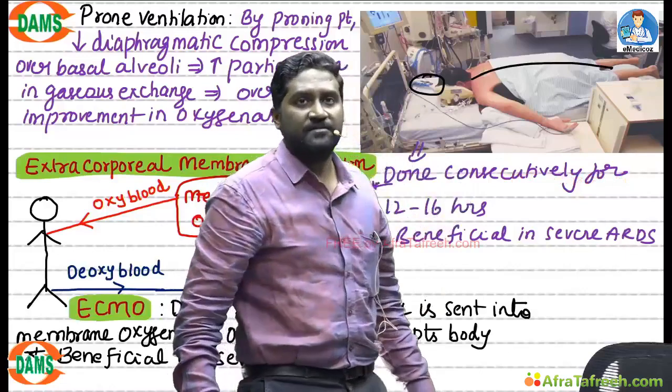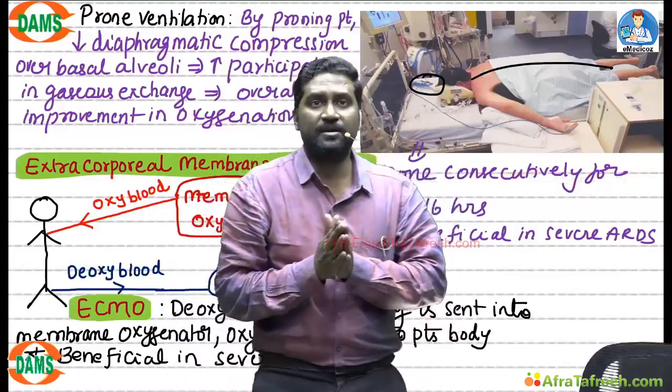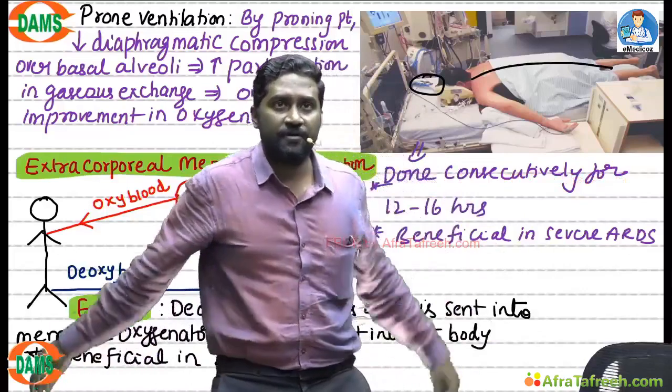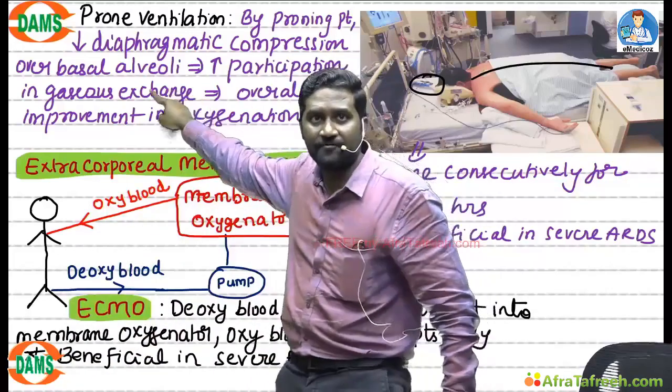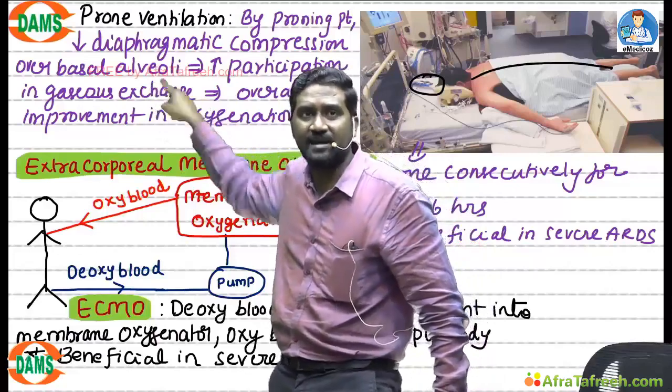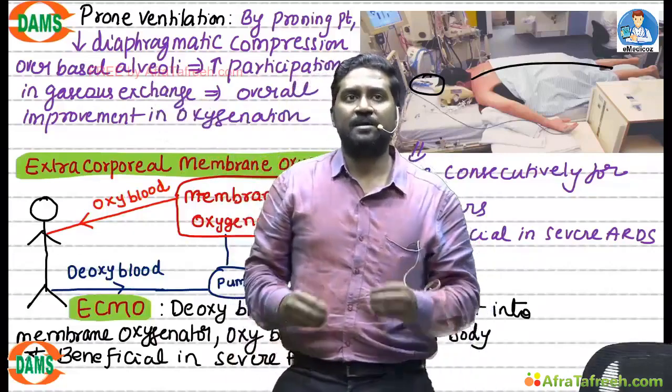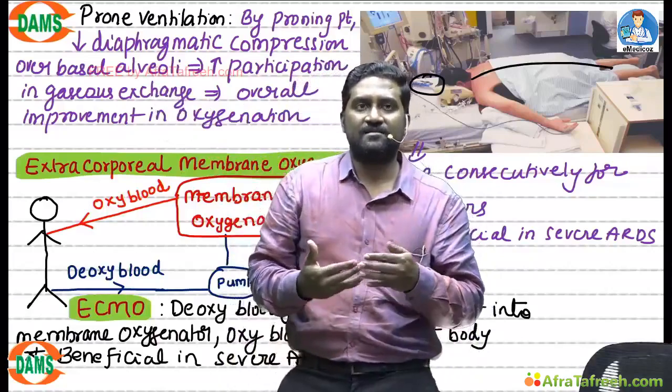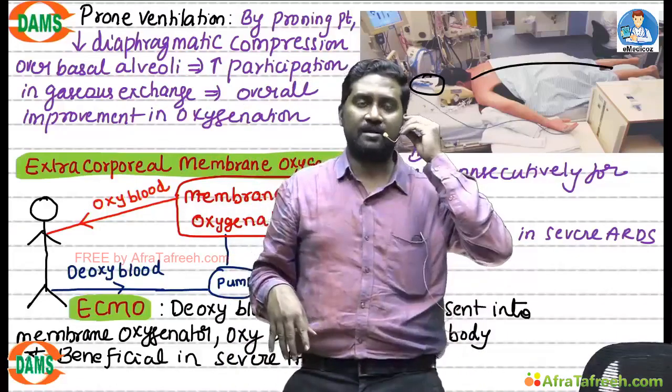Already in this patient with ARDS, the majority of lung is damaged. Now, if some good alveoli from the lung bases start to take part in gaseous exchange, there will be increased gaseous exchange and overall improvement in oxygenation.